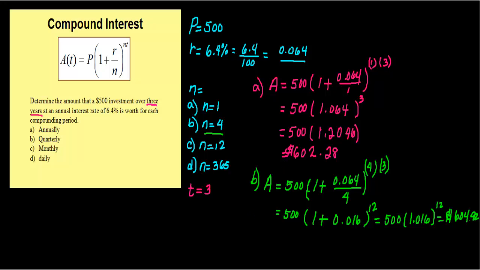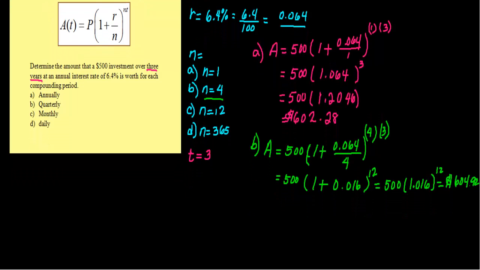For letter C, the final amount will be 500 times 1 plus 0.064. Letter C, we said N would be 12 because we're going to compound interest 12 times during the year because we're going to do it monthly.